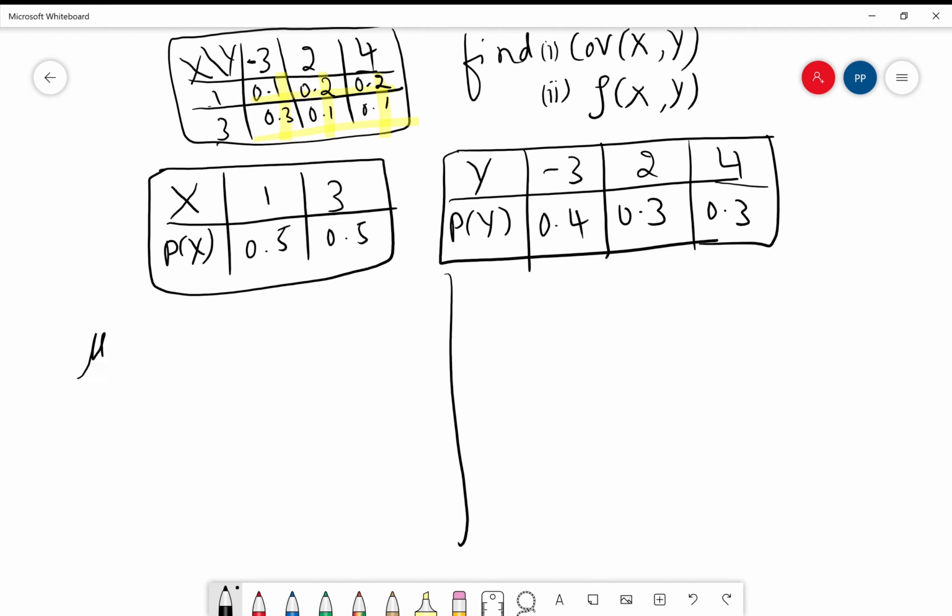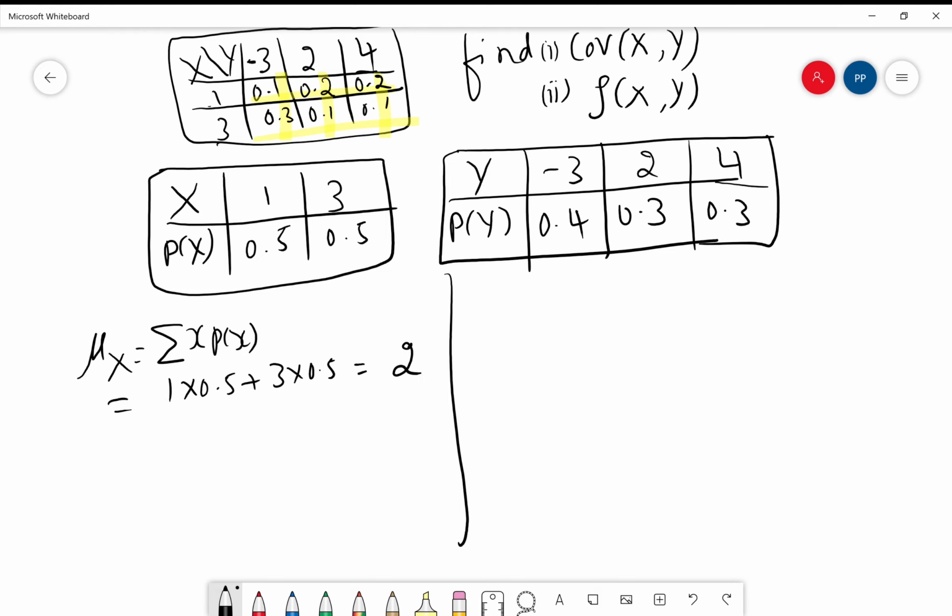So, mu suffix x is very simple. Sigma x into p of x, which is nothing but 1 into 0.5 plus 3 into 0.5, and this is nothing but 2. Okay.